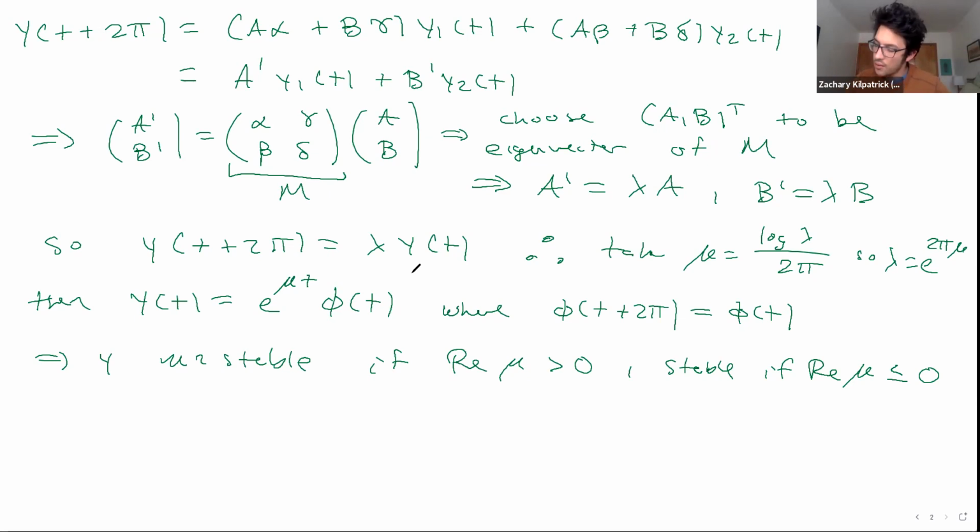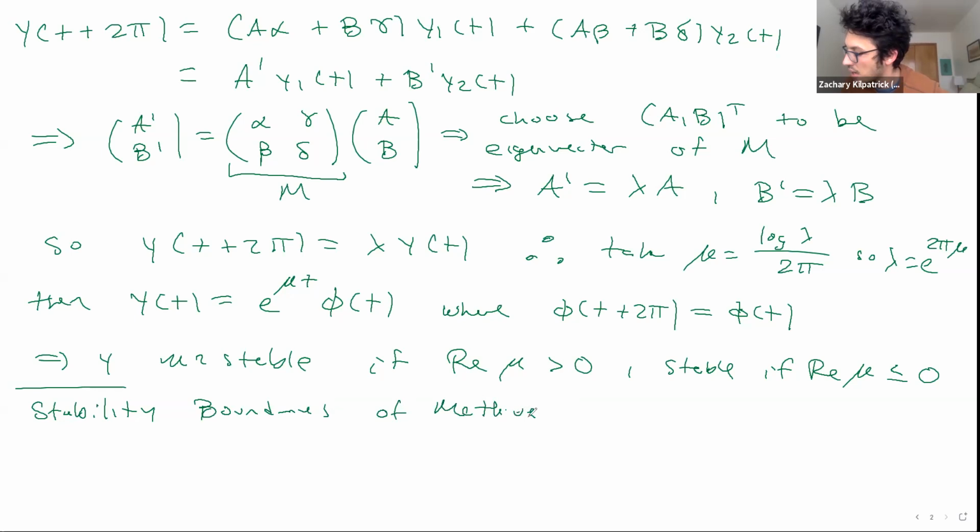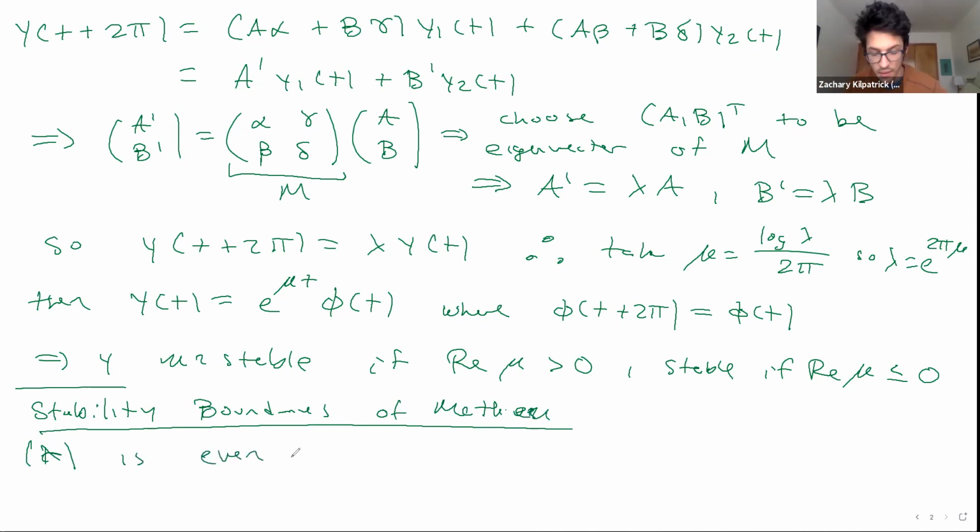Okay, so we want to apply this to our Mathieu equation in order to basically look for the stability boundaries. And if we remind ourselves of that equation, first of all, one thing we can note is that it's even under the mapping from taking t to minus t, right?